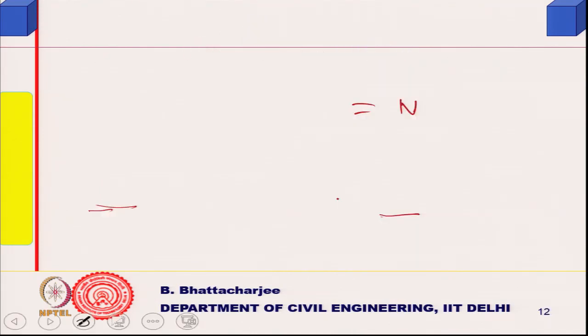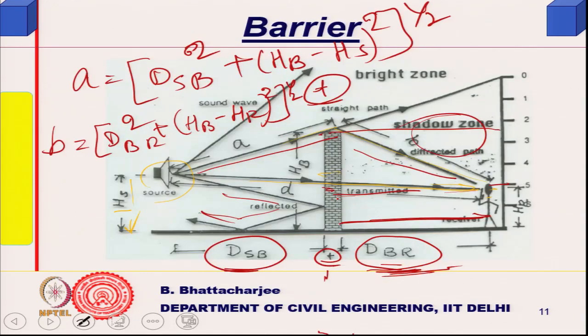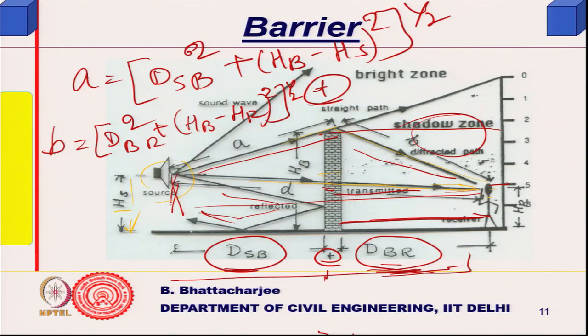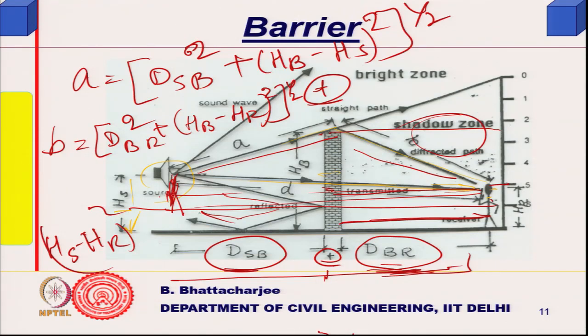Direct path is nothing but this much: (HS minus HR) square, this height, plus this distance, which is dSB plus dBR, squared, and that is equal to D square.